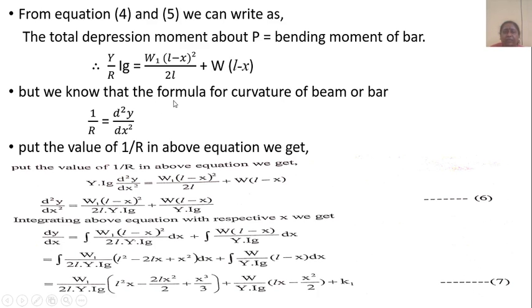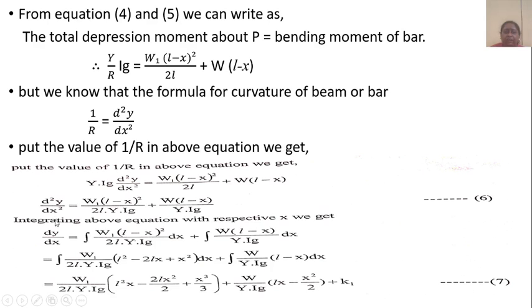But we know that the formula for curvature of a beam or bar is given by 1 upon R equal to d2y by dx square. So putting the value of 1 upon R, we get Y into Ig into d2y by dx square equal to W1 into L minus x whole squared upon 2L plus W into L minus x.